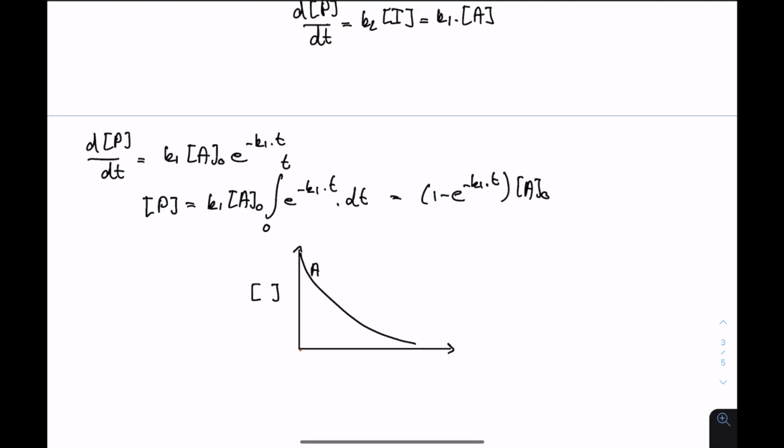That of I will increase, and then it reaches this steady state, right? So this concentration becomes constant. So dI/dt is about 0, right? And then the product P eventually will increase. So this is a very common approximation that is used.